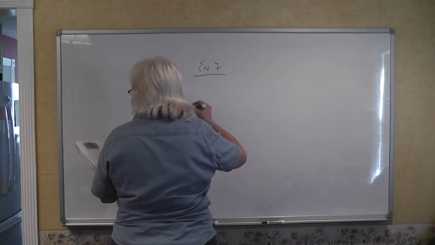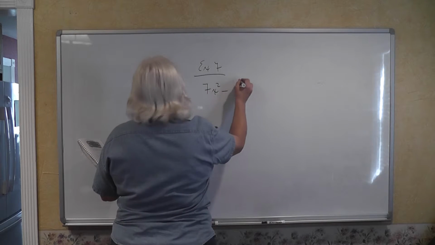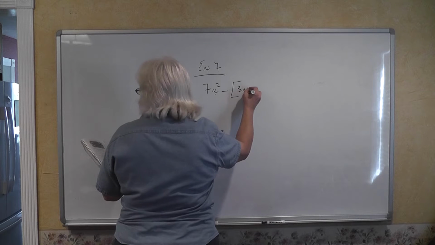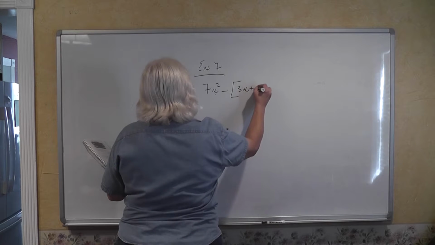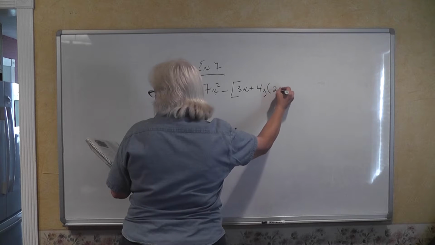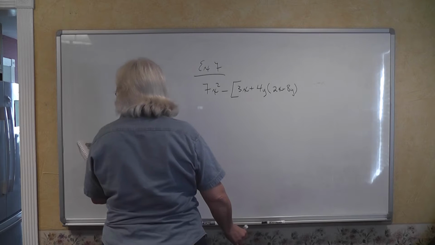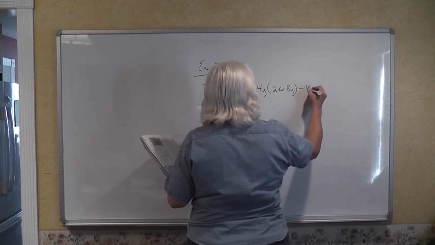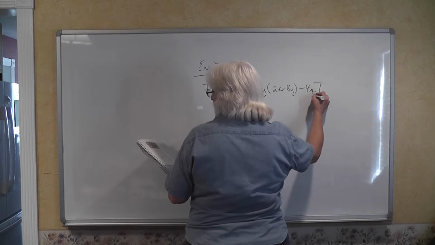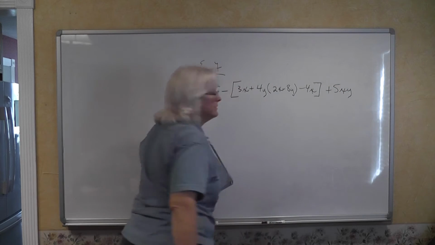Example 7 on page 105. 7x squared minus, bracket, 3x plus 4y times the quantity 2x minus 8y minus 4x, close bracket, plus 5xy.